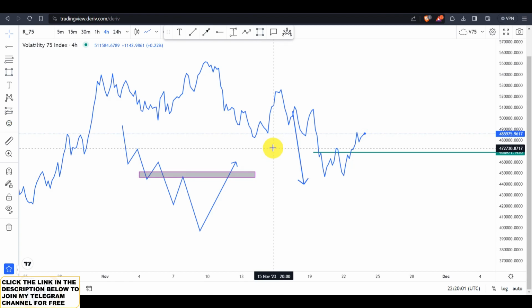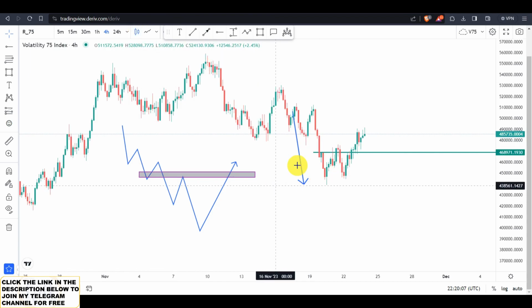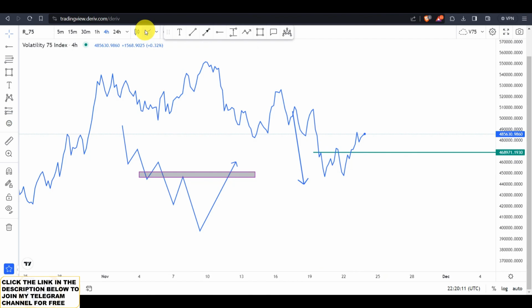Now a lot of people maybe did not notice this, because when you go to the candlestick graph, it is not so clearly visible, but if you go to the line graph, you can see that this market clearly broke this previous lower high of this movement and it closed above. Now what happened is, this is some kind of liquidity that the market did make.